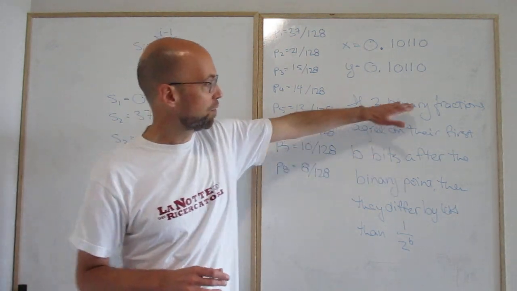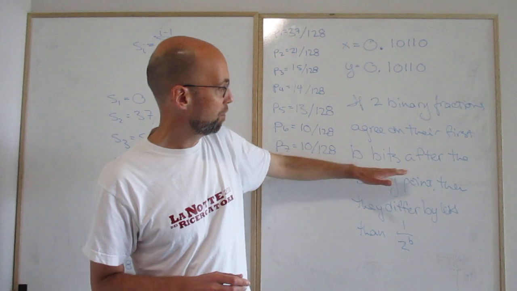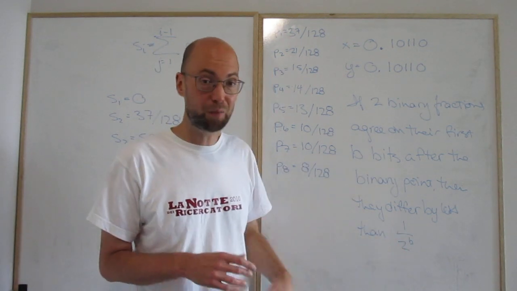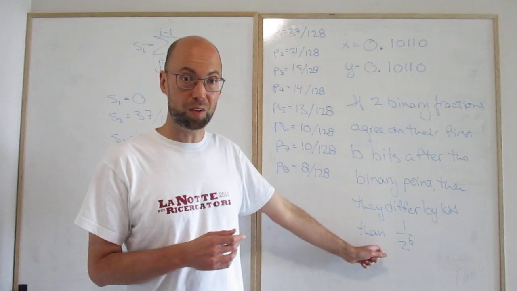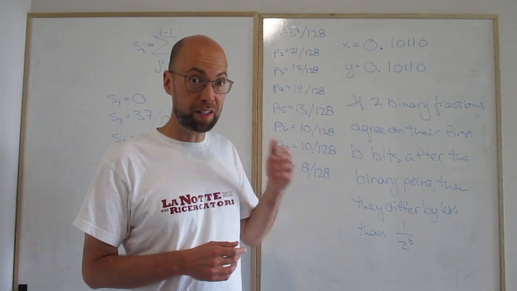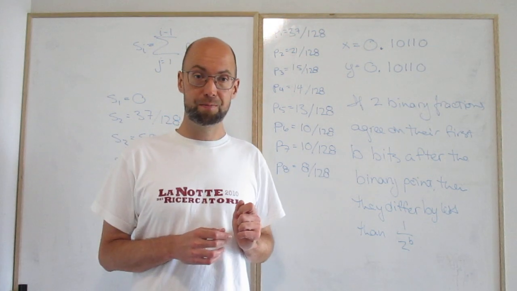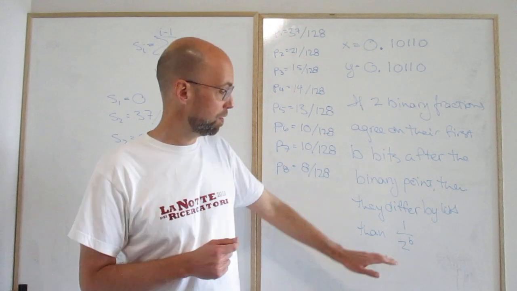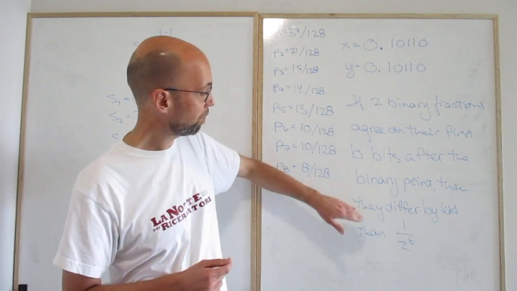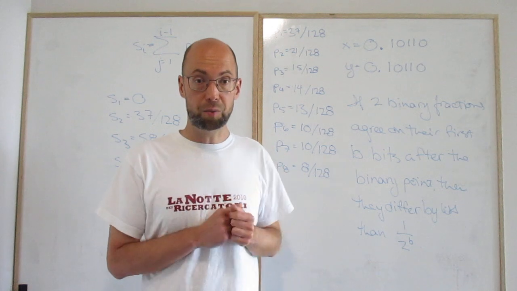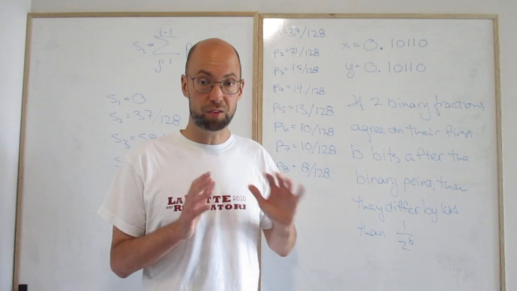So you can see that if they agree on b bits, then the difference is less than 1 over 2 to the b. So if the difference is bigger than 1 over 2 to the b, then they have to differ on one of their first b bits. Okay, it's just the converse.